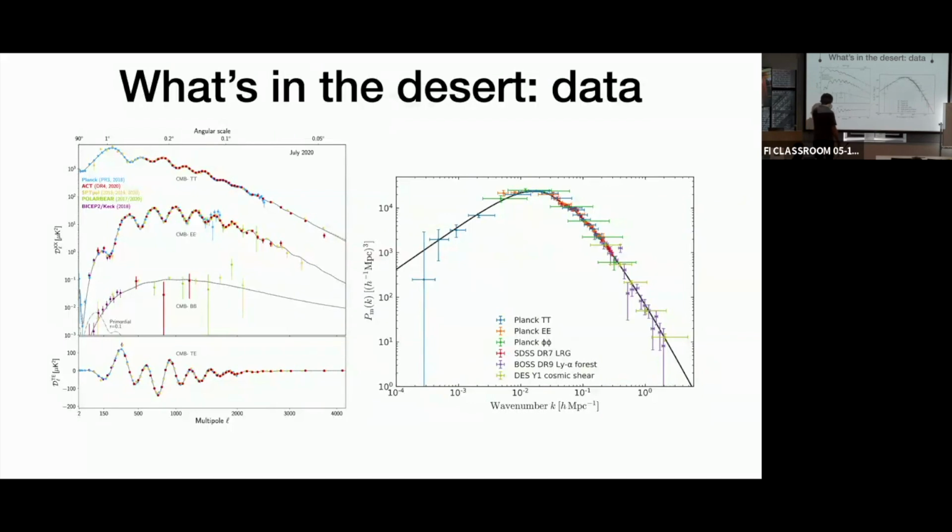So what is in the desert? Well, what's really exciting that's in the desert is data. And this is why it's an interesting thing to think about. Here are some data from a variety of sources: galaxy power spectrum, CMB power spectrum, polarization data as a function of multipole or wave number. And what I can do is go to, say, this distance scale here, about 10 megaparsecs.